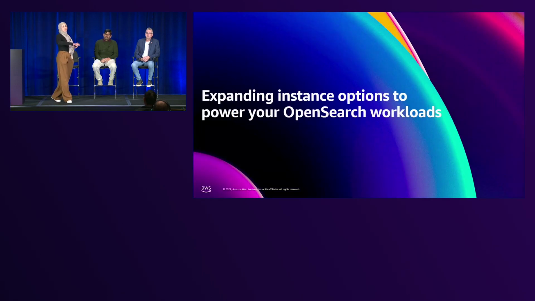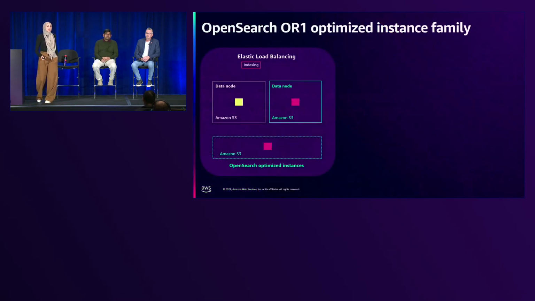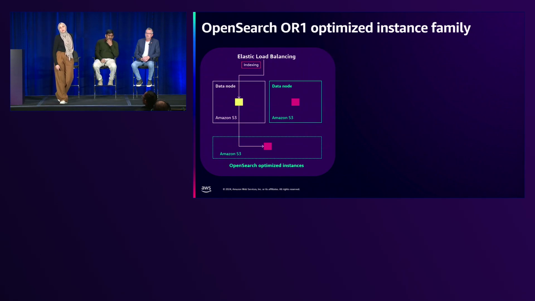Now, while the serverless options that we have covered bring simplicity to your operations, there are also ways you can further optimize the cost with the Amazon OpenSearch managed offering. This is where I would like to introduce Amazon OpenSearch OR1 instances. When running OpenSearch, we typically recommend having at least one replica of your data to make sure you have a reliable and available solution.